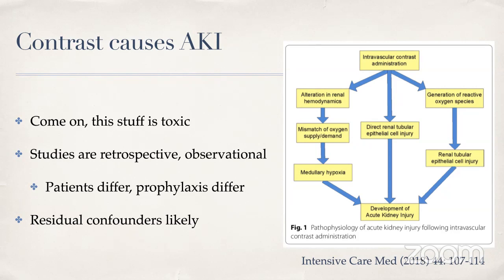The data that we're looking at in patients is messy. It's retrospective, it's observational. The patients in each group differ as much as you try to make them even. The prophylaxis differs. It is quite likely that there are residual confounders that we weren't able to control for adequately.